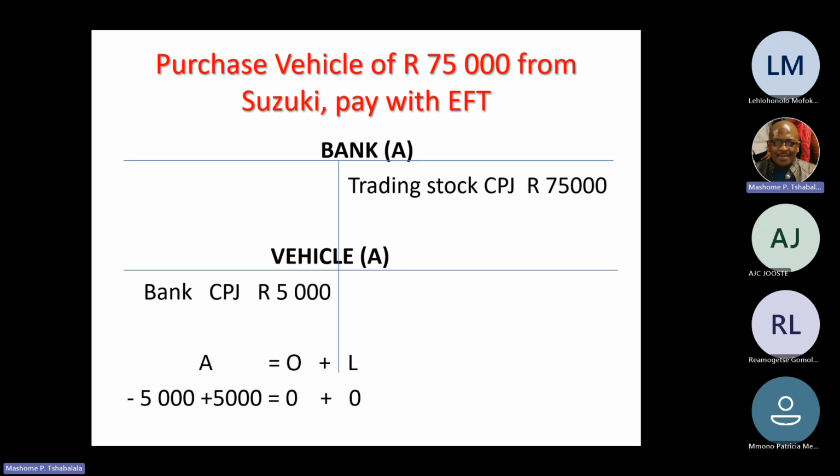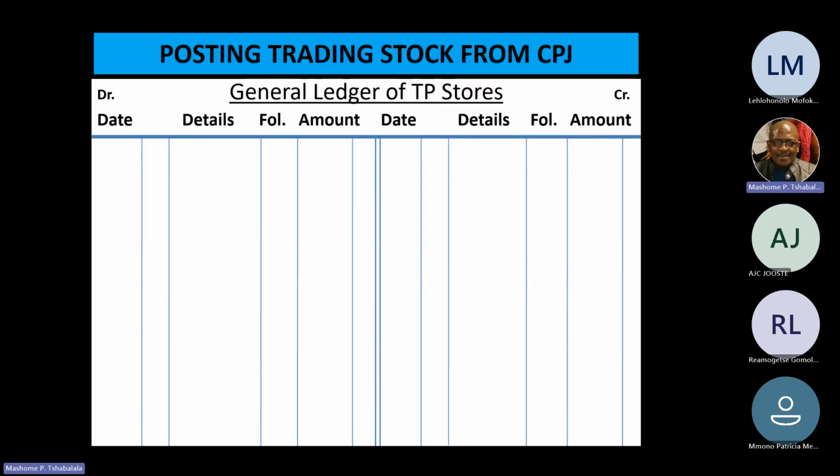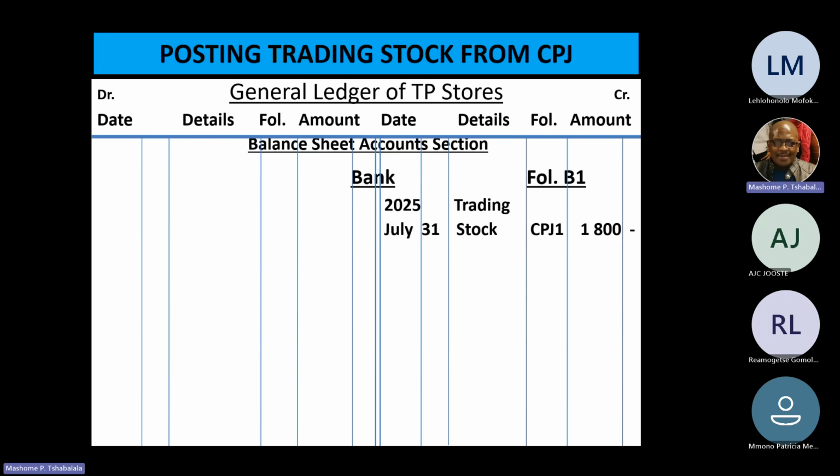Now, bank will decrease when you buy the trading stock. It means when you buy the trading stock, bank will decrease and the trading stock account will increase. Now, looking at the posting, exactly using the columns that we're having under general ledger. We're having the transaction of trading stock, as I was saying on the previous slide.